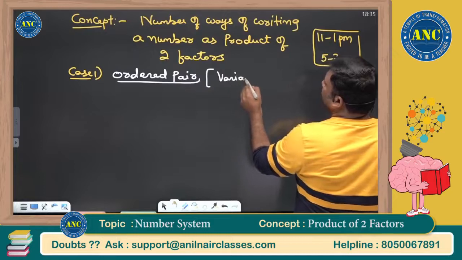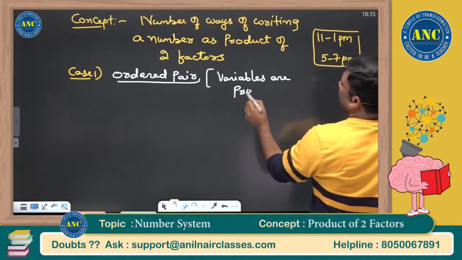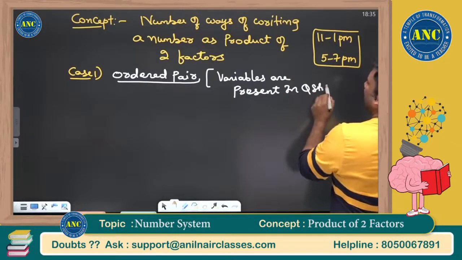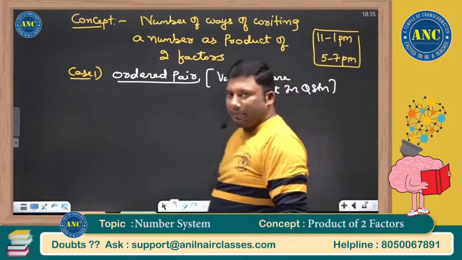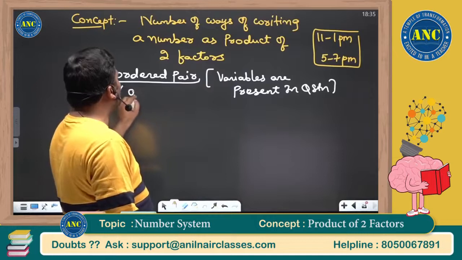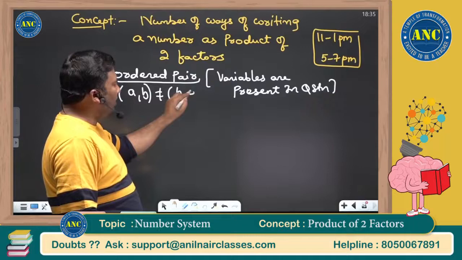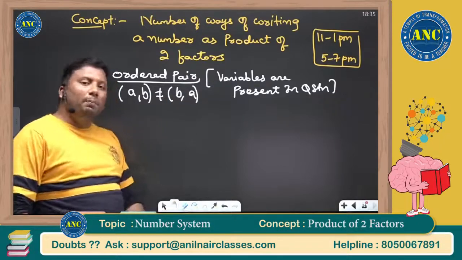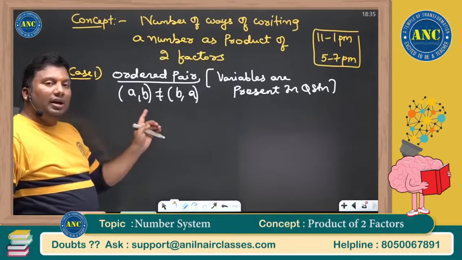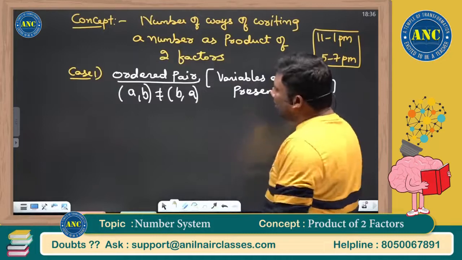If variables are present in the question, make use of an ordered pair. Order in which you write matters. In A and B, A is written first. In B and A, B is written first. So the reverse is not equal. A and B is not equivalent to B and A.